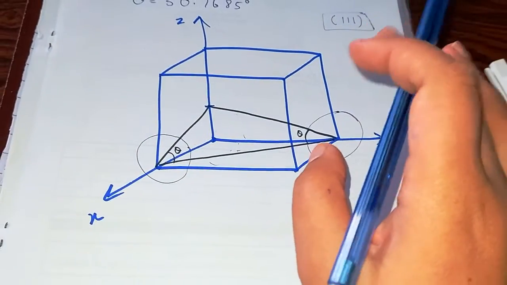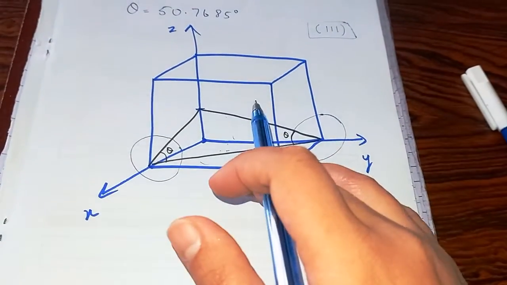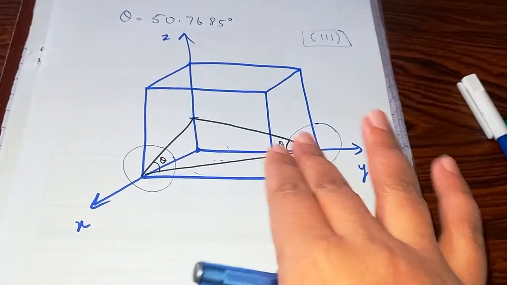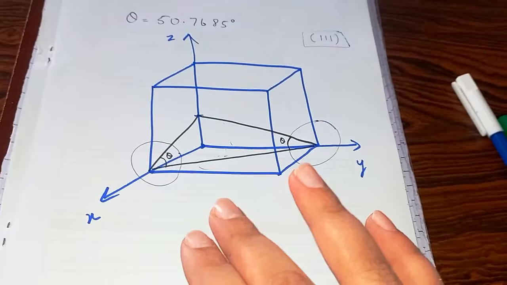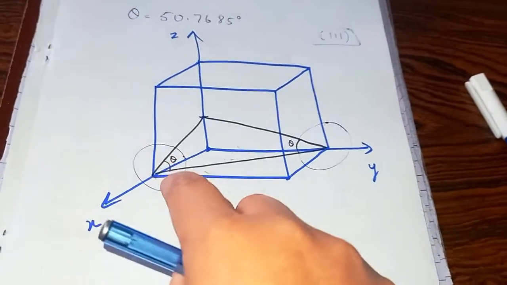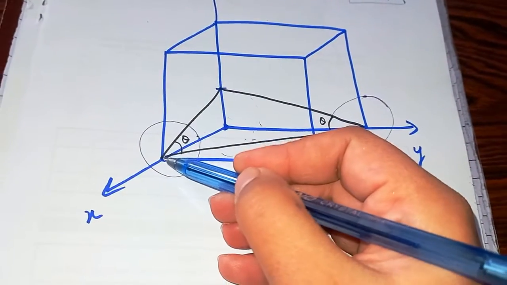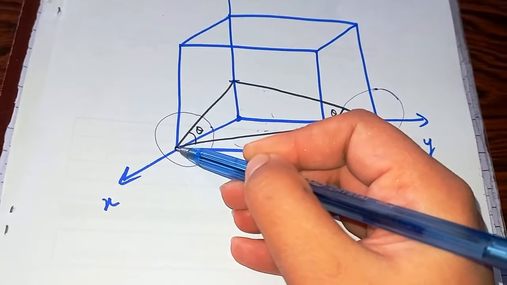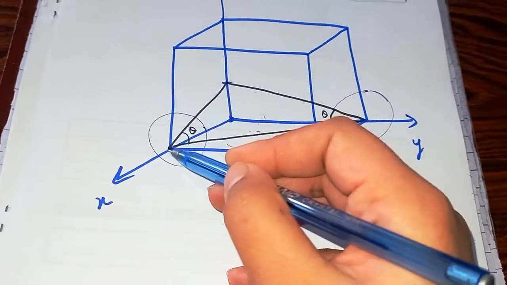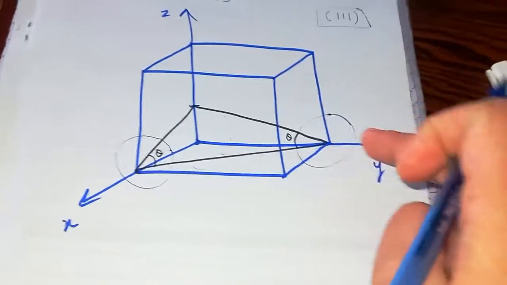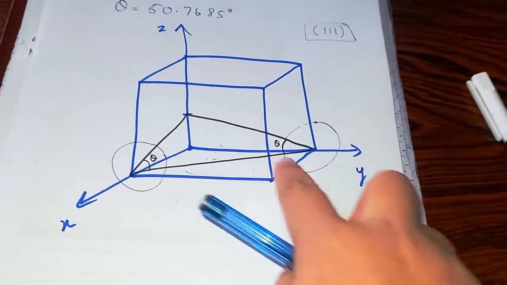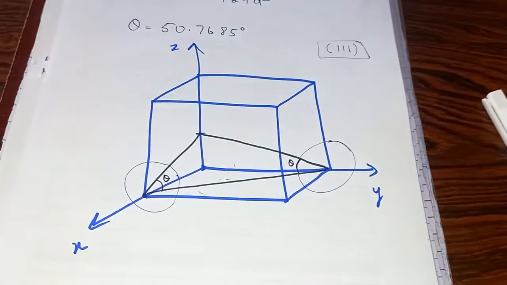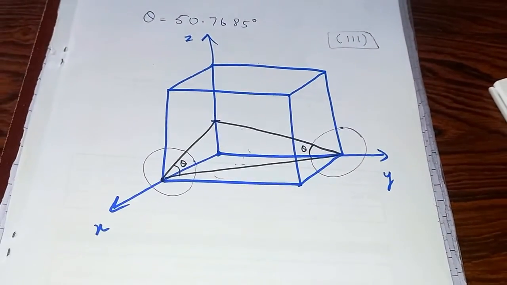If the atom's center is not included in the plane, the atom will not be considered as a part of the plane. And we can see here that here is the center of this atom and the plane is also passing through this point, and this point is a part of this plane. That is why we are considering this atom's contribution as well as this atom's contribution. None of the other atoms will be considered because their centers are outside of this plane.